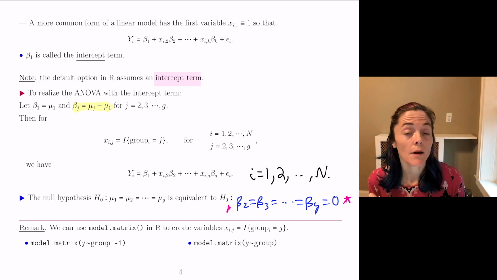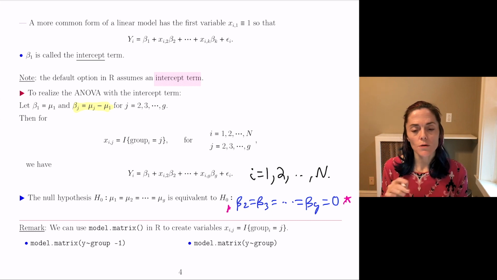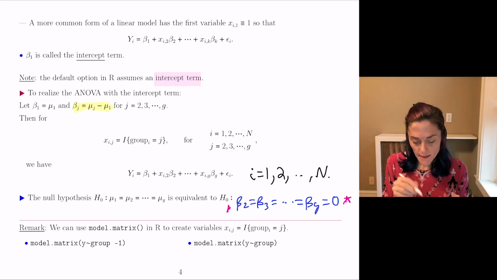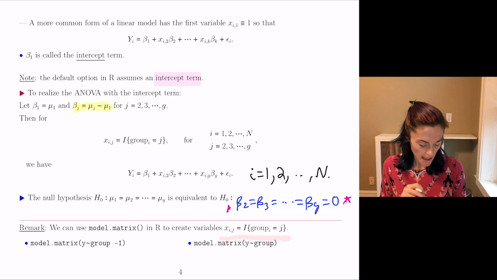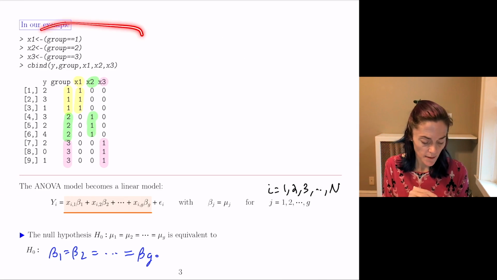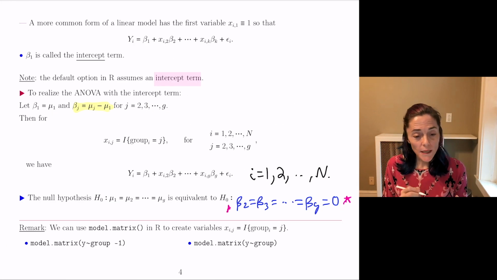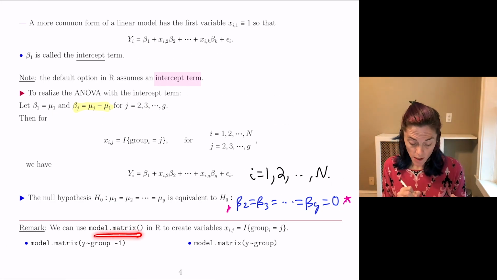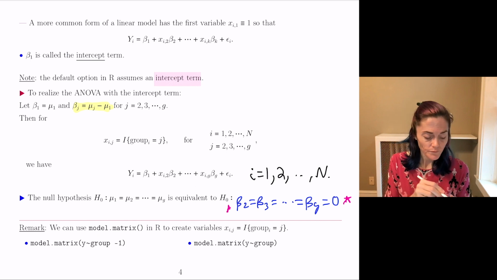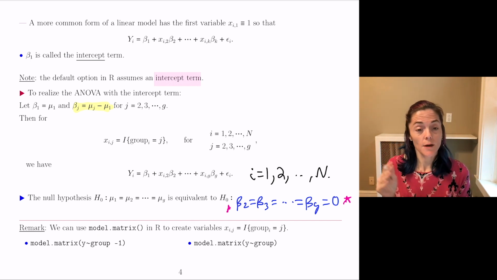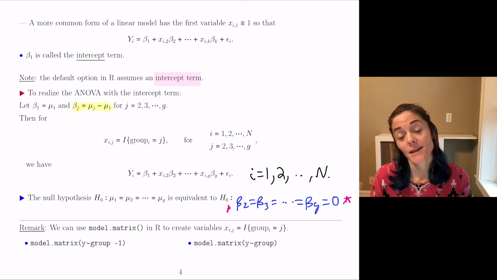Now, as a remark, and I think I will switch to R to show you this, we created these variables xij, at least in this example, with just a few lines in R. But we could use the model matrix to create them in general. There's two different commands here because we have two different forms of a linear model.